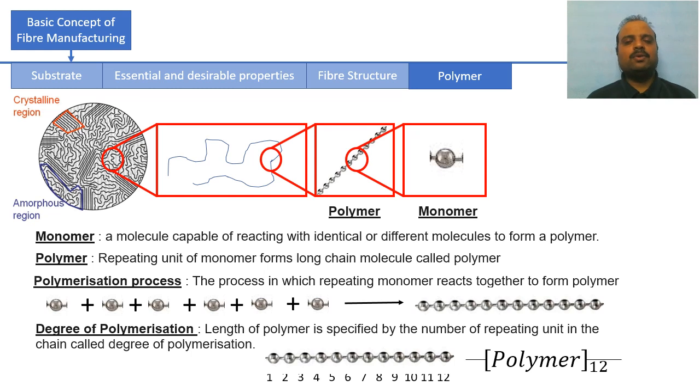Degree of polymerization can be controlled by adding some additives or chemicals during the polymerization process. So in that process many molecules are joined together to form a very long chain. A longer chain can be acquired by addition of additives during the polymerization process.